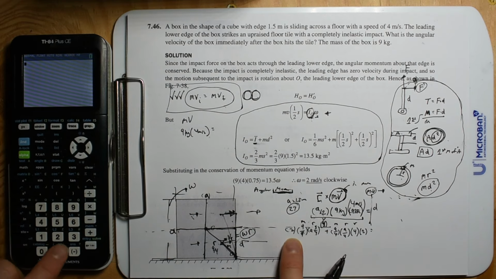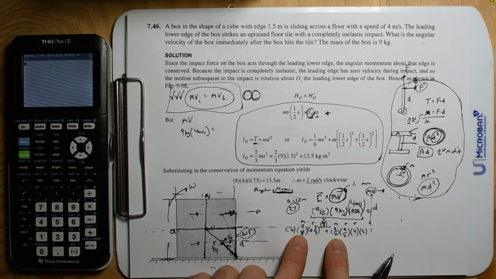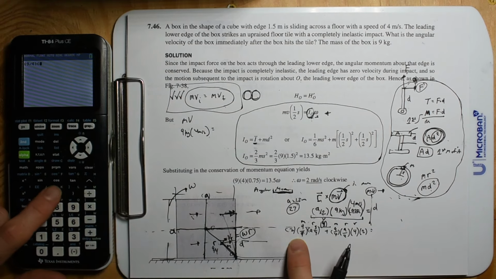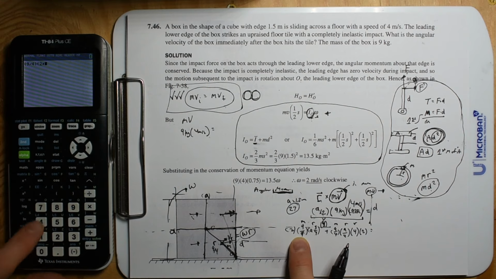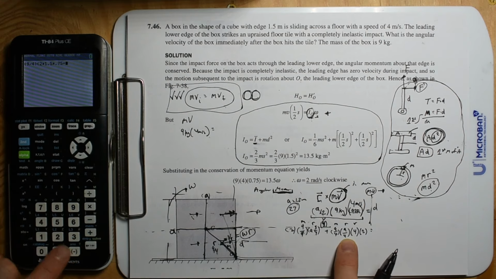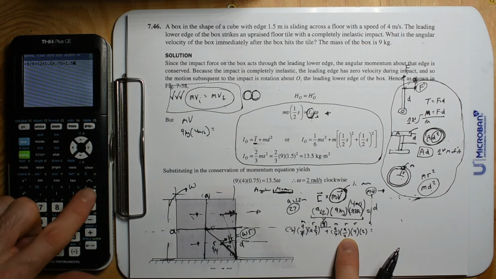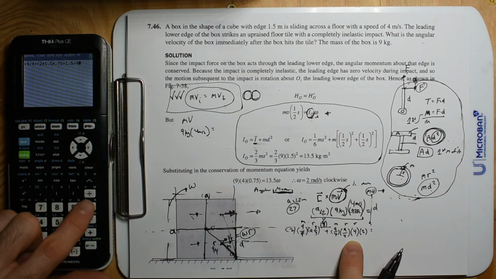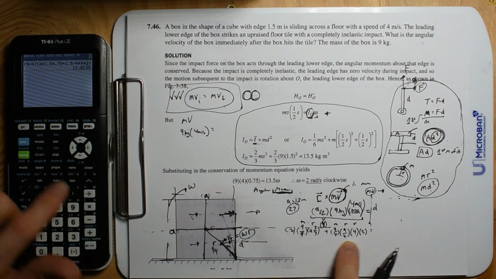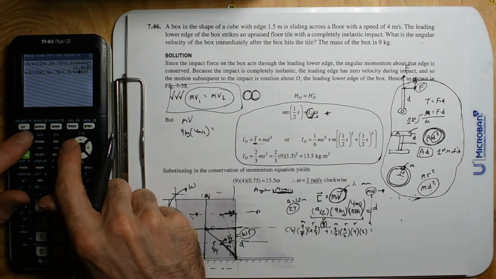Right here, I'm just going to factor out the 9 divided by 4, because we have that in both of them. I totally munched that.